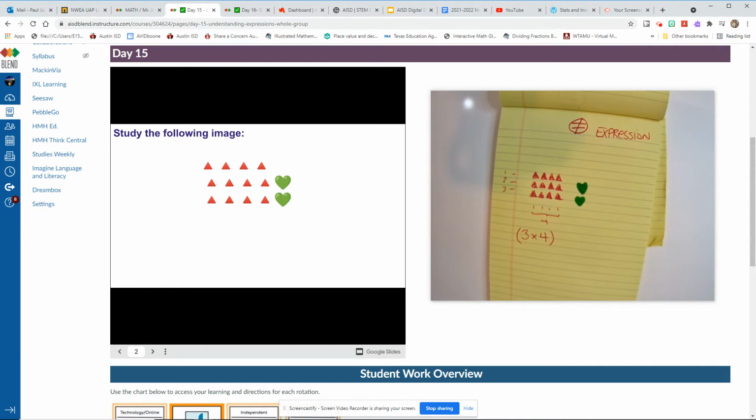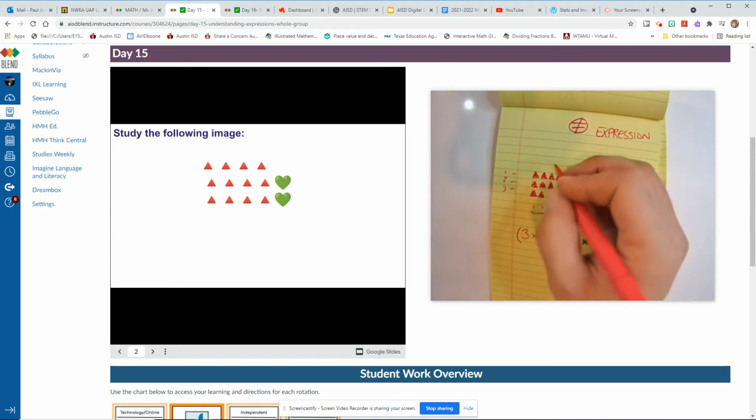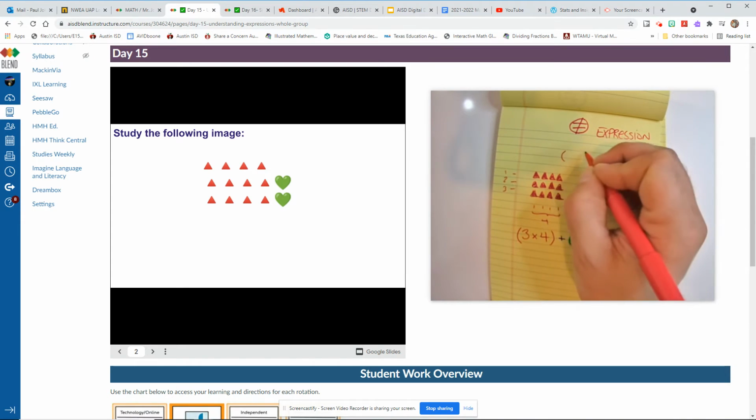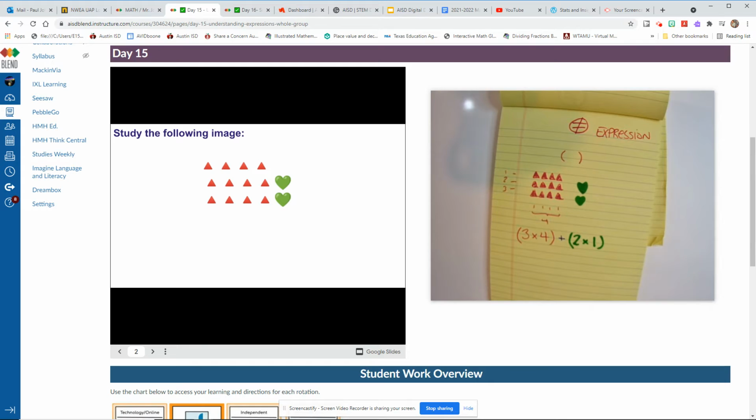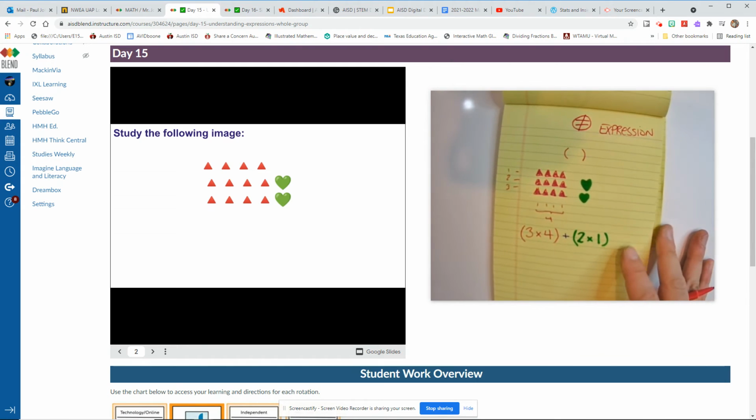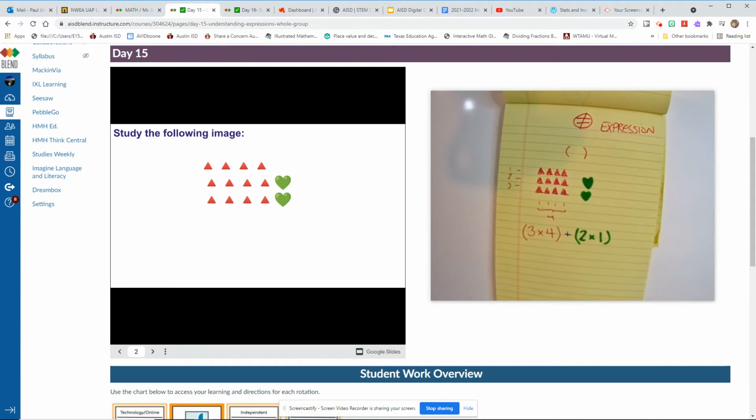And then, I don't know what exactly we're doing here, but we could also say that this was 2 groups of 1, even. So if you're wondering what those parentheses are, the symbols that look like this, you see in reading, those parentheses are grouping symbols.